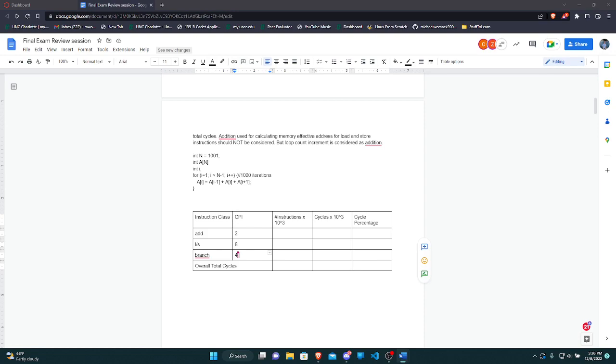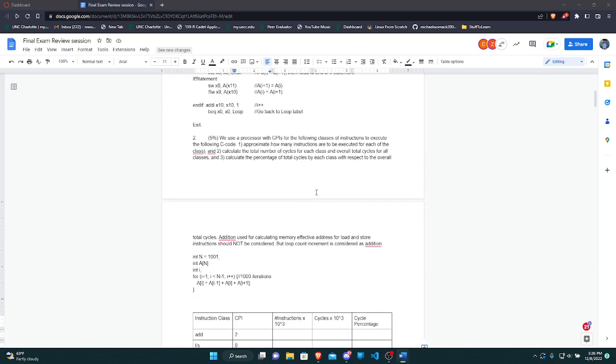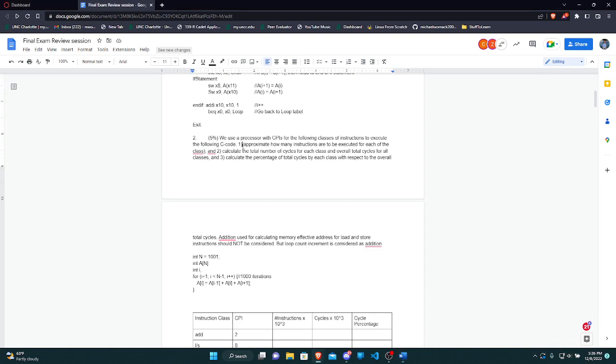Okay, so before I was interrupted, this one is like the problems that you've seen before on exam 2, 3. I don't know if it was on exam 2, but I know that it's definitely on exam 3. So we're going to start over reading again. I want to approximate how many instructions are to be executed for each of the classes.